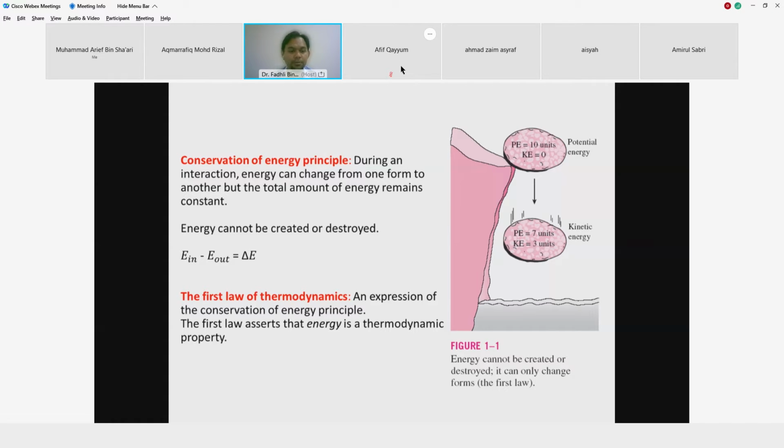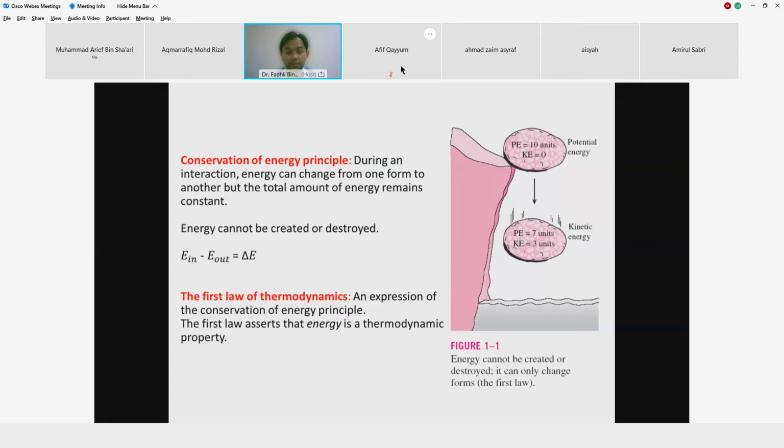So here, from this phenomenon, comes the first law of thermodynamics. This law is an expression of the conservation of energy principle.